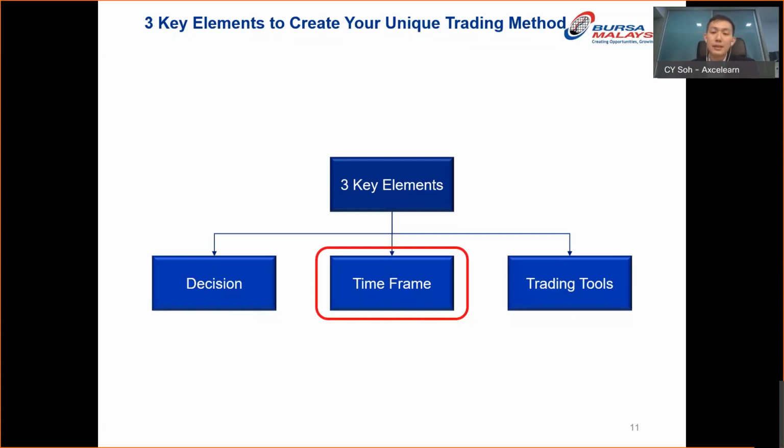So you need to consider your personal lifestyle, whether you have the spare time to trade or to monitor the market. Later on, I will be explaining how you can choose the right time frame for your trading that matches your lifestyle as well as your work.